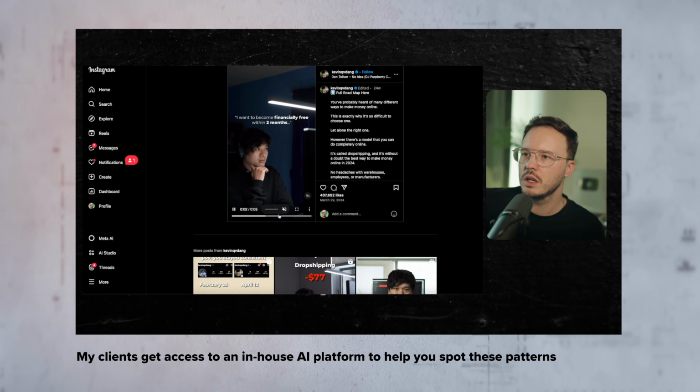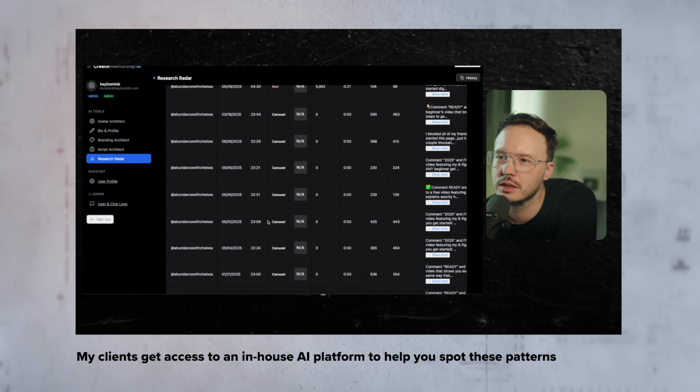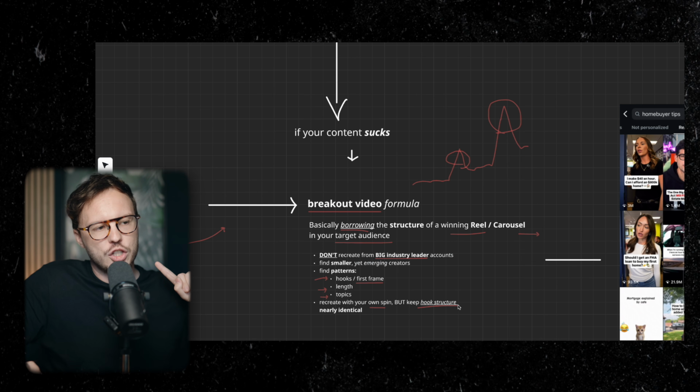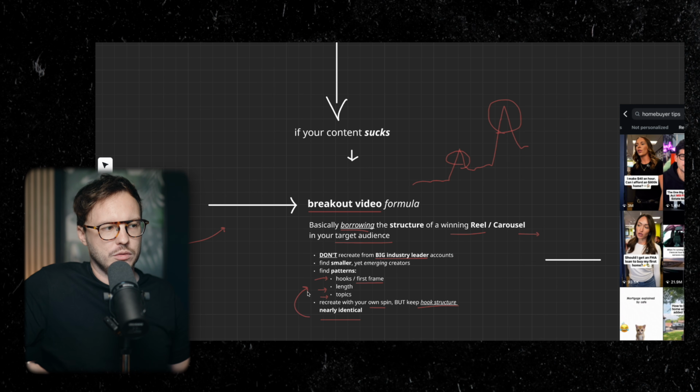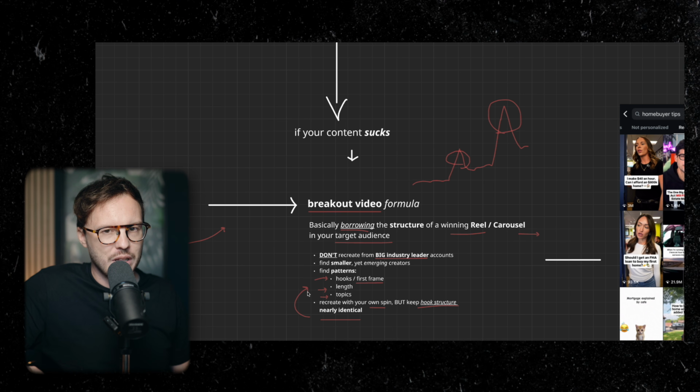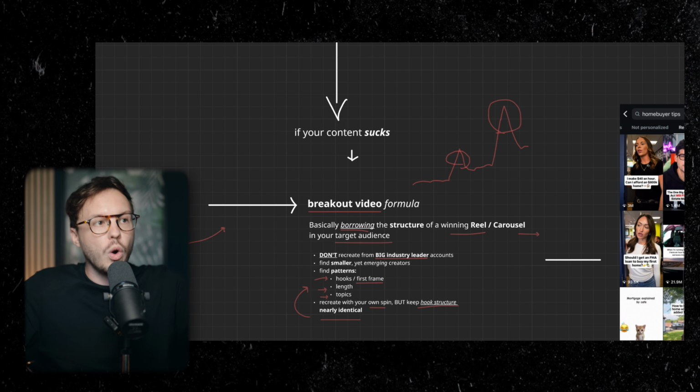And basically that's what you want to do: look for these things and recreate them with your own spin, but try to keep the hook structure as close to the original as possible, right? I'll show you how to do that in a second. But that's important because the algorithm is basically tried and tested, and we want to get you views as soon as possible.